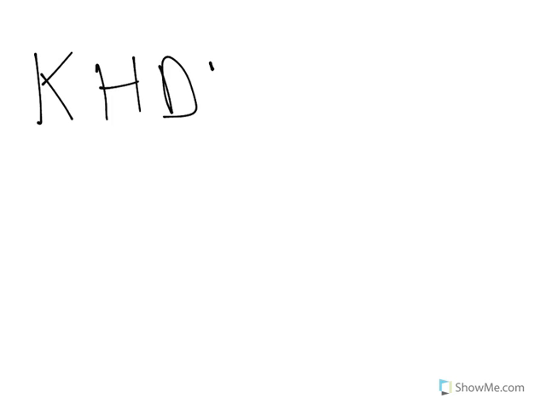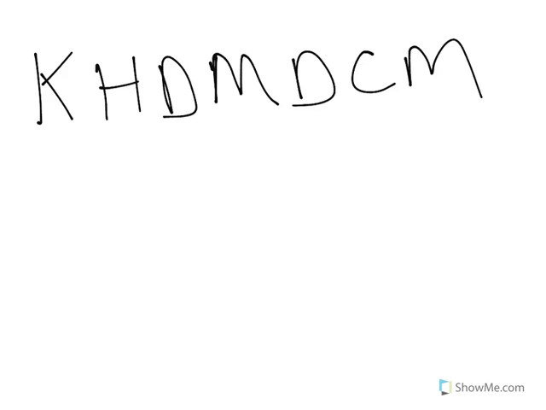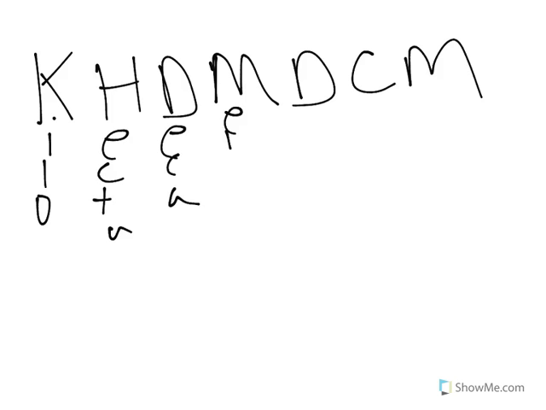And this is an acronym, or I don't know what the English term for it is, but it's a little memory device I use, which is King Henry doesn't mind drinking chocolate milk, to remember what letters go where. Okay? King Henry doesn't mind drinking chocolate milk. So K stands for kilo, H for hecta, D for deca, M for the metric unit, whatever that is.